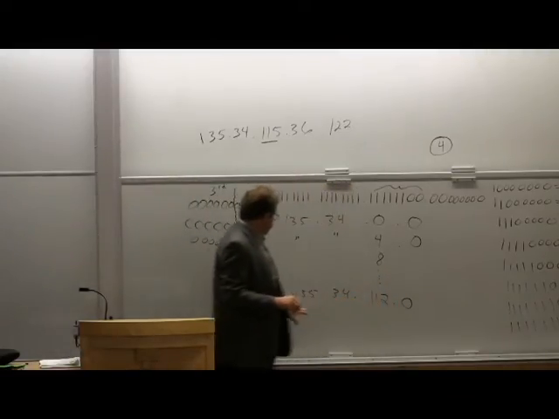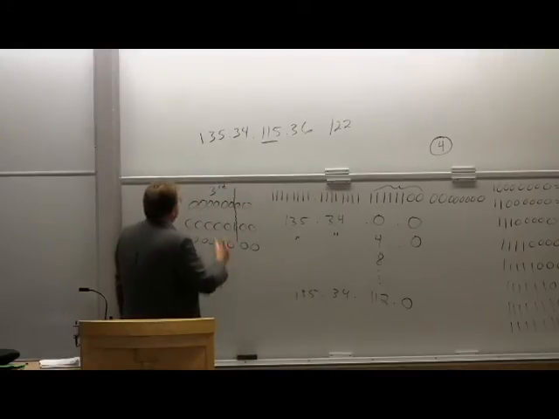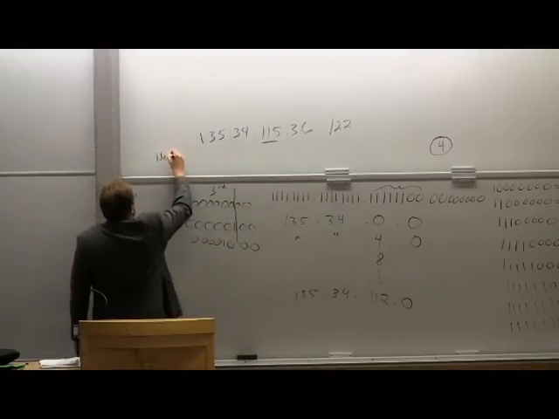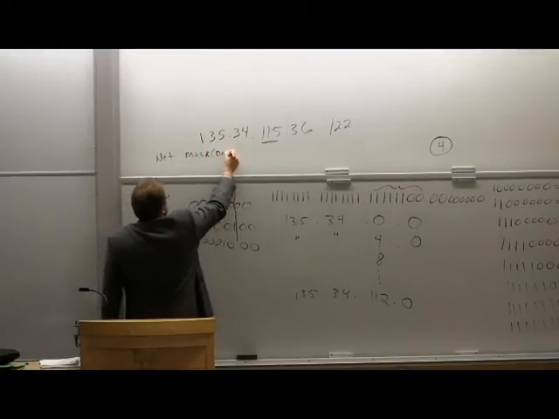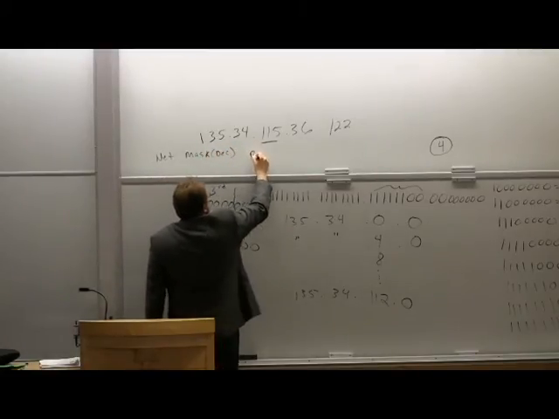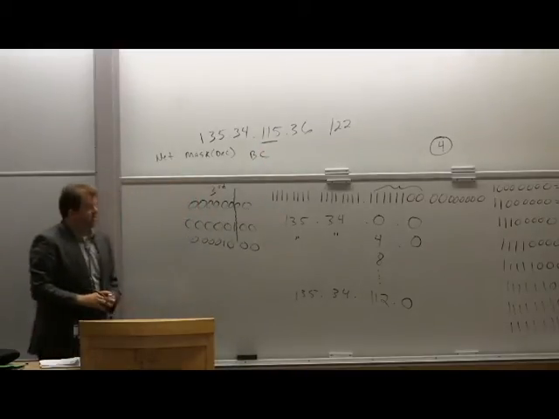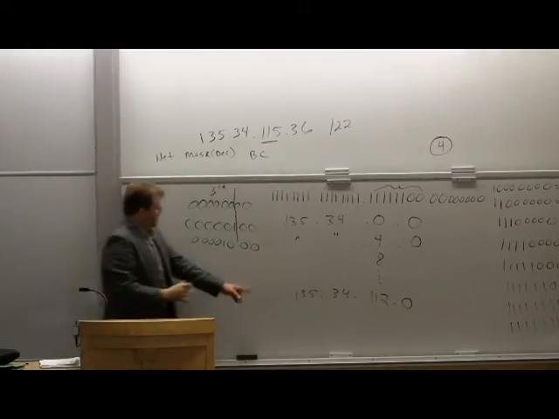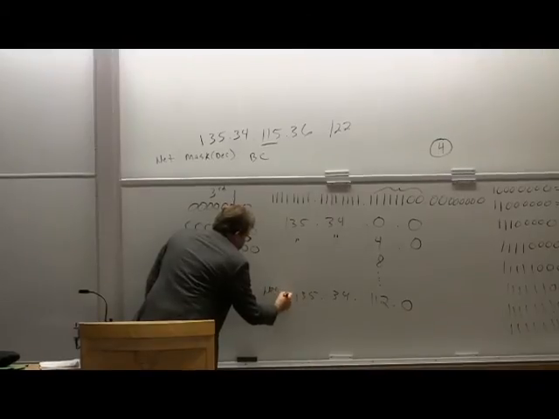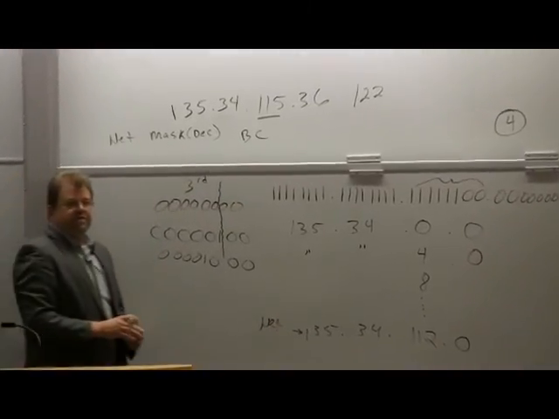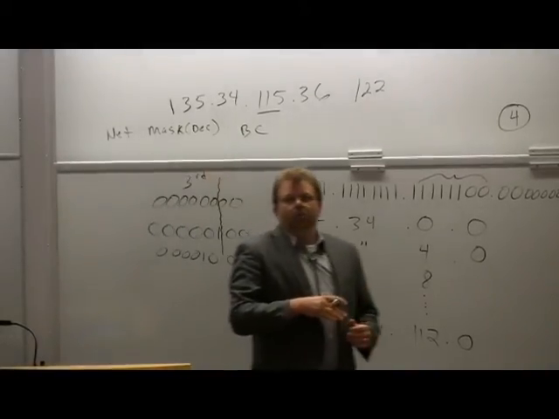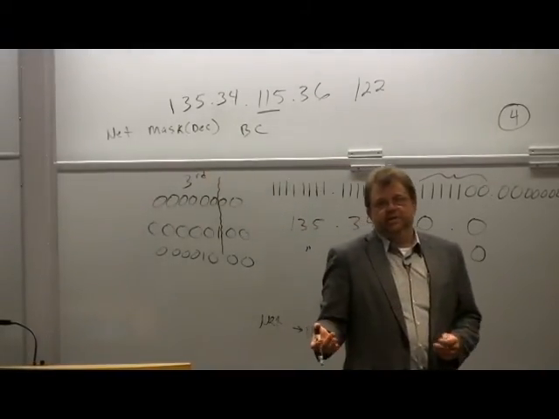So I've got the first question. It was net, mask, and broadcast in decimal, are the three questions. Here's our network. The broadcast is always 1 minus the next network.